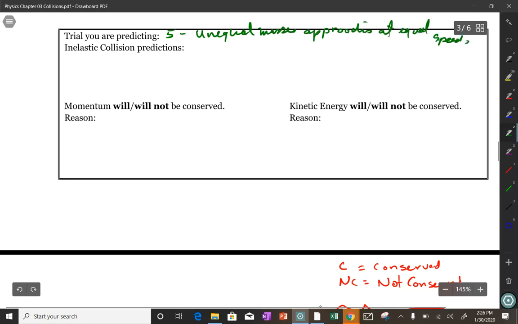So I specified there which one I'm doing, and my prediction is: momentum, well, they will come together and travel in the direction of the heavier one.